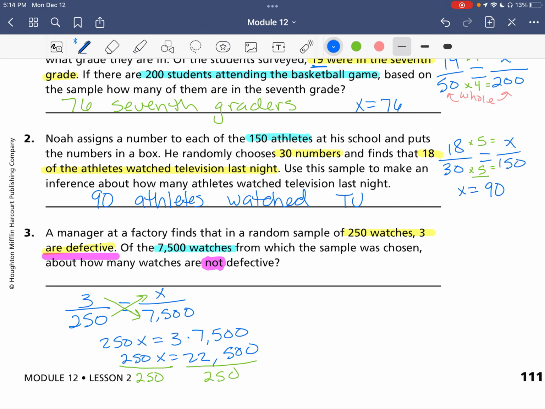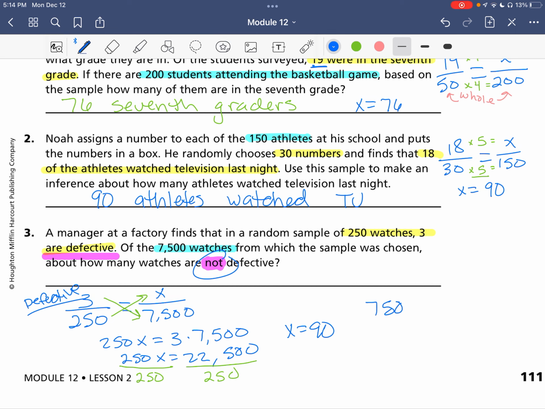And that will give us x equals 90. Now, is 90 your answer? No, we're talking about these are the numbers that are defective. And we're trying to find the ones that aren't defective. So we have to do some subtraction.